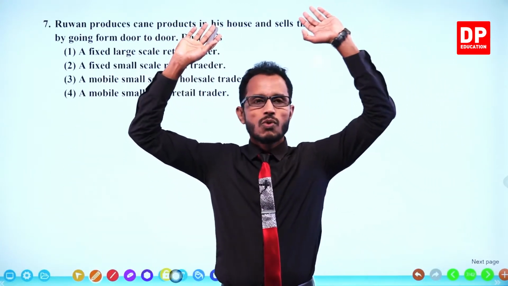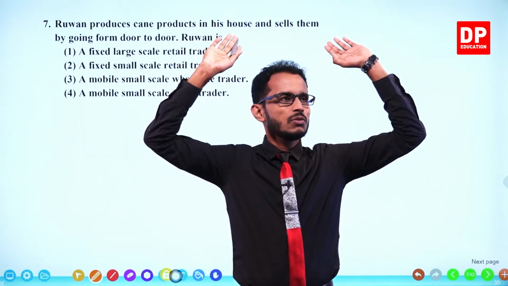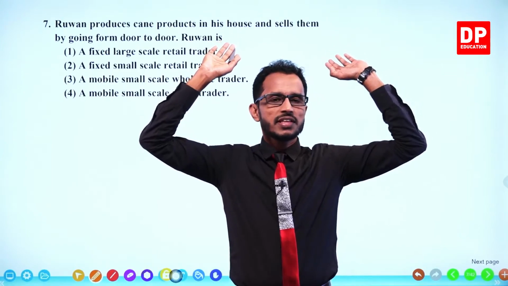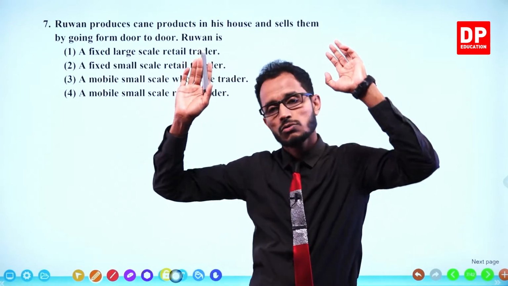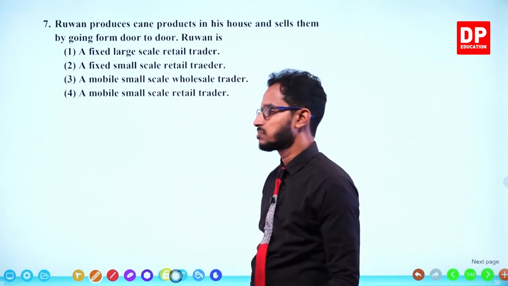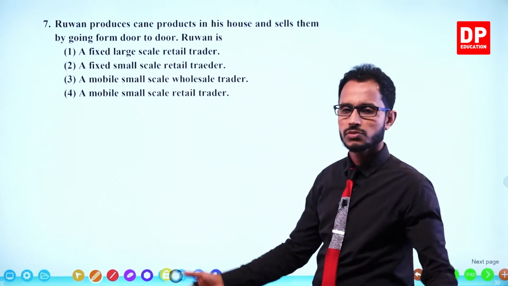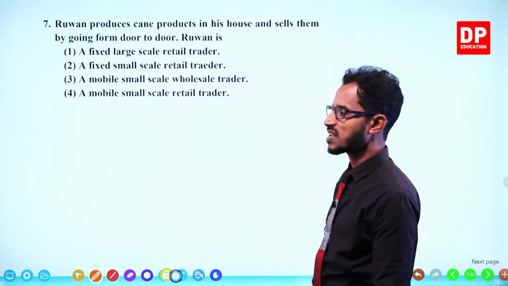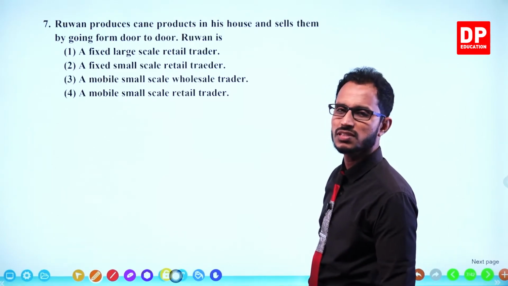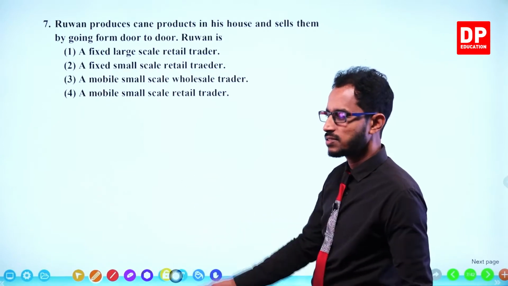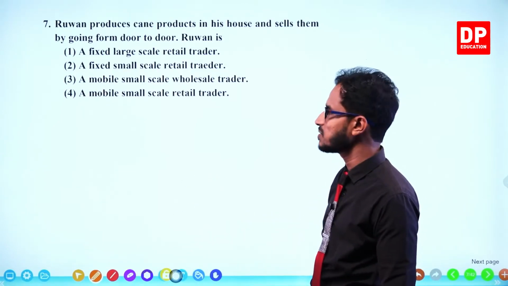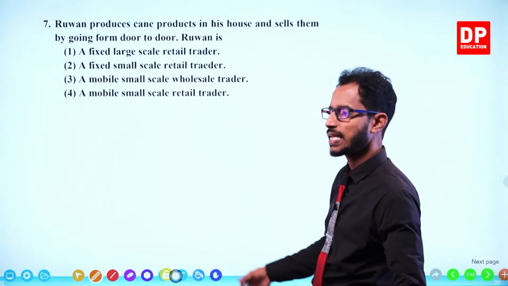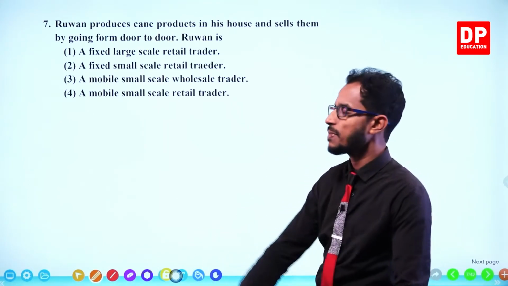He keeps all the watties, pettys and cane products on his head, and he walks from house to house. Poor people struggling, startups, newly started self-employed people who want to earn some money.